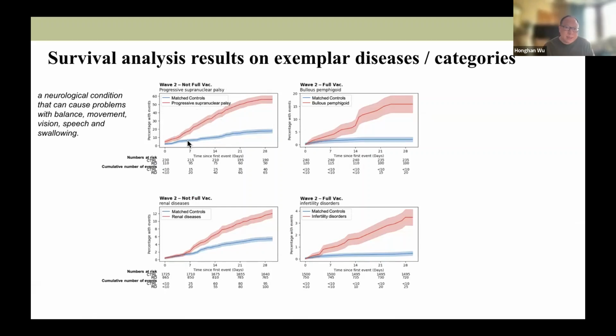The blue line is for the matched control cohort, matched on gender, age, and ethnicity.